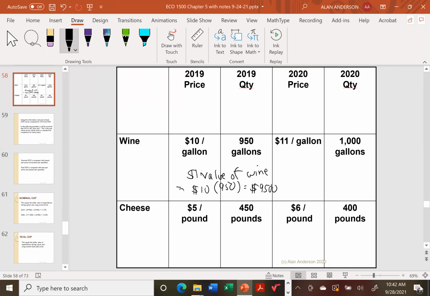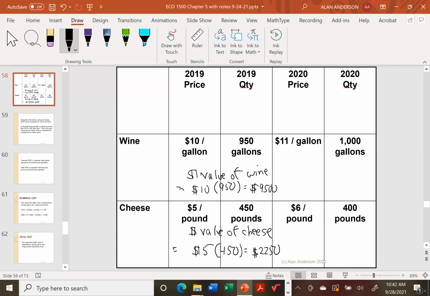Then we have to calculate the dollar value of the cheese. And so, of course, that means we're multiplying $5 by 450, which is 2,250.